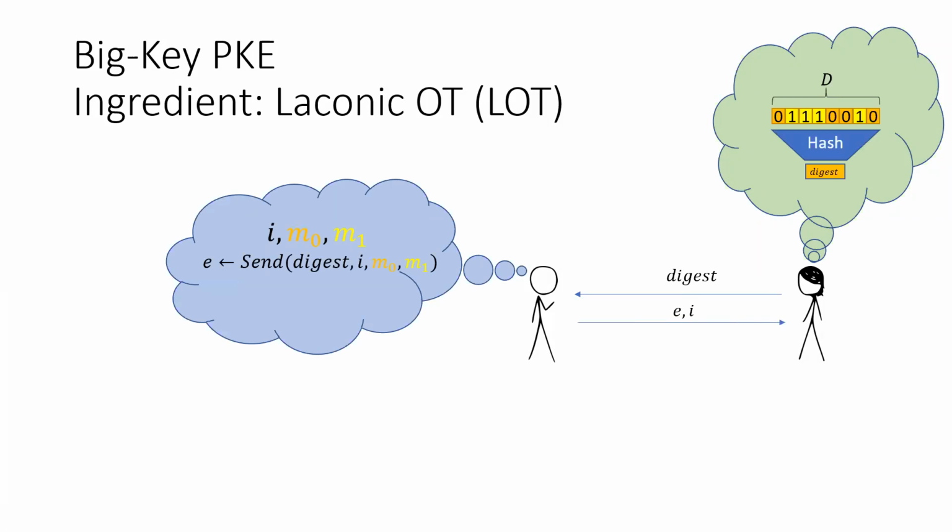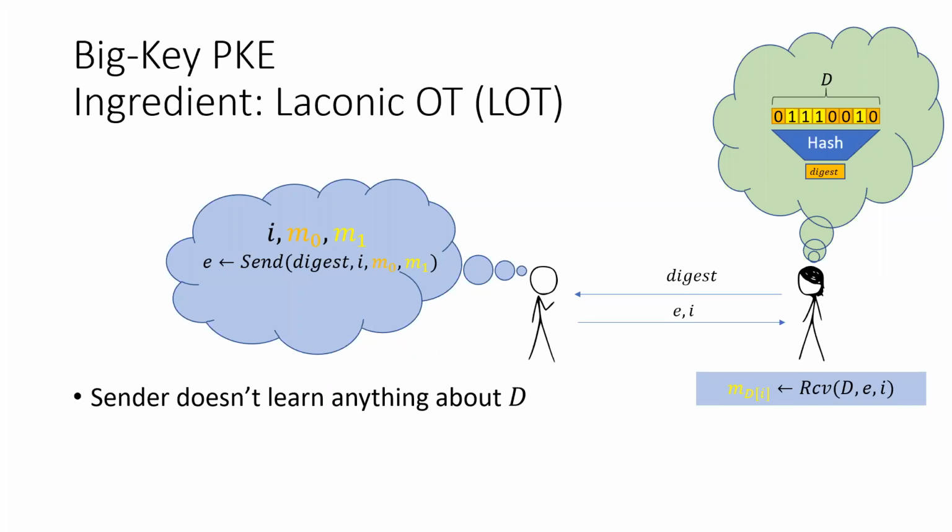Somehow he computes the ciphertext E that encrypts M0 and M1, and he sends the index and the ciphertext E to Alice, and Alice is able to recover the message that corresponds to the ith bit of the database. So it's like Alice has many, many OT queries for many different bits of this whole database D that she sends all together using one small digest.